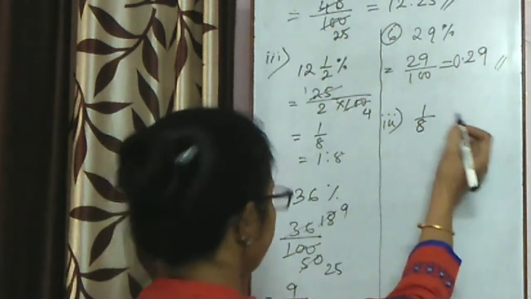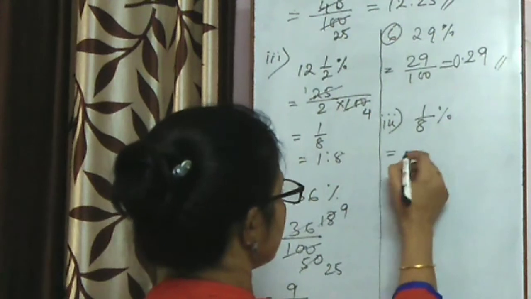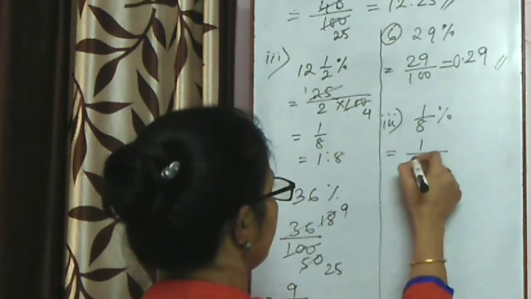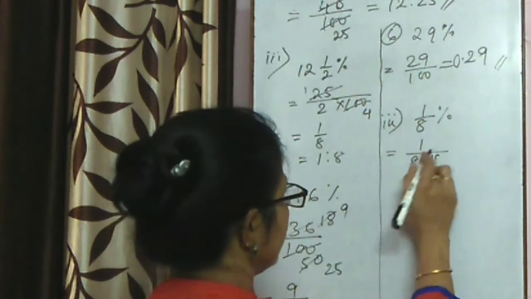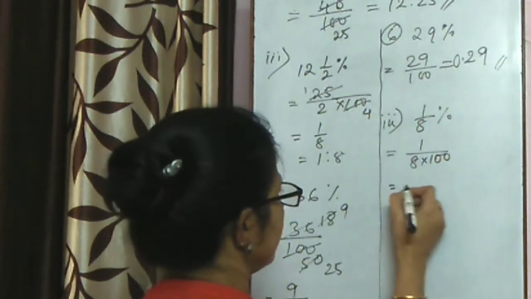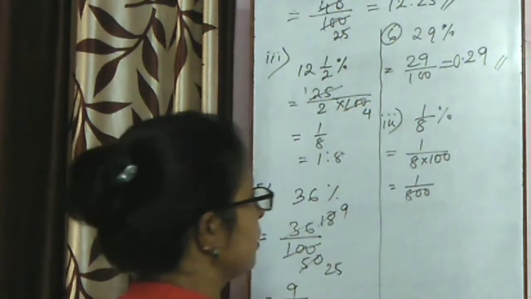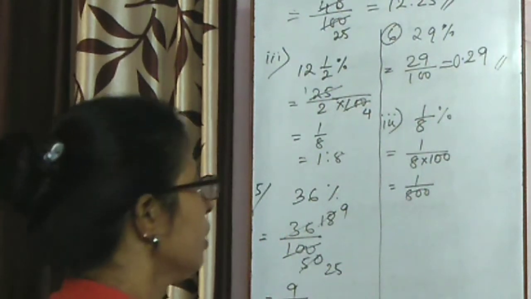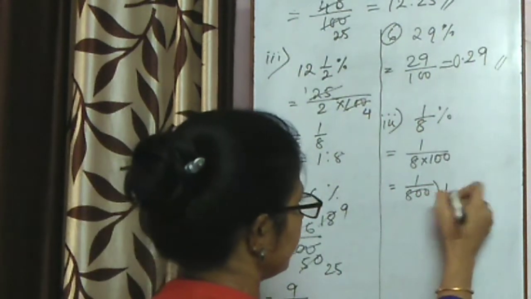If it is 1 by 8, what shall I do? 1 by 8, 100. So now you have to do the division.